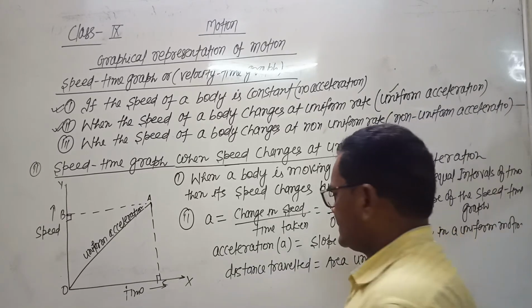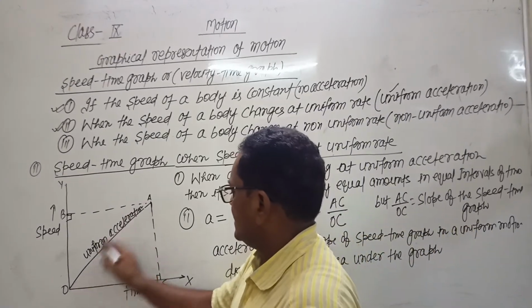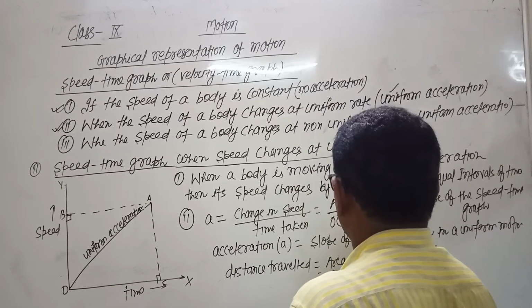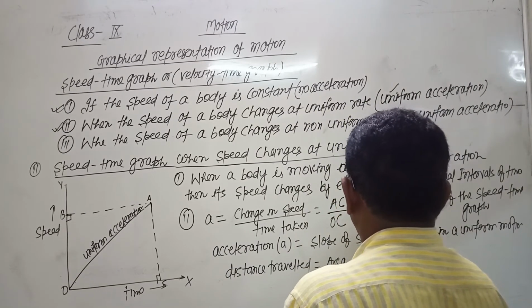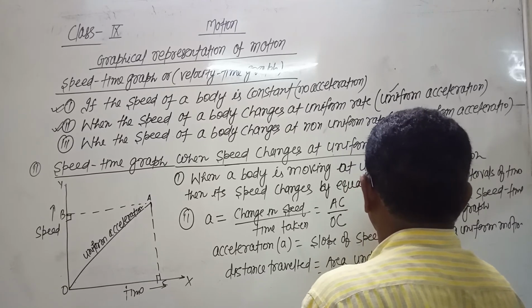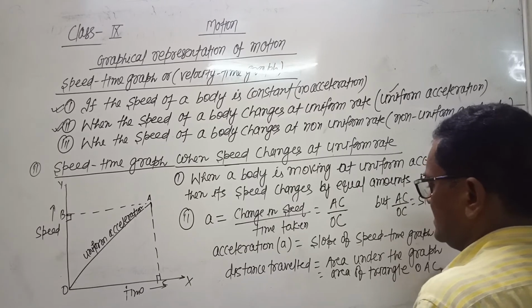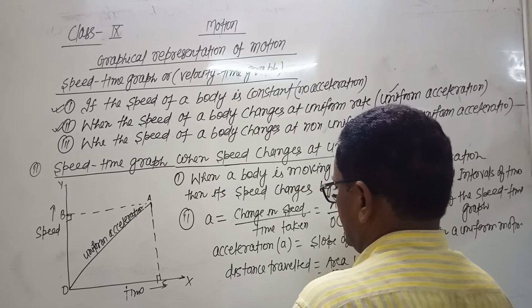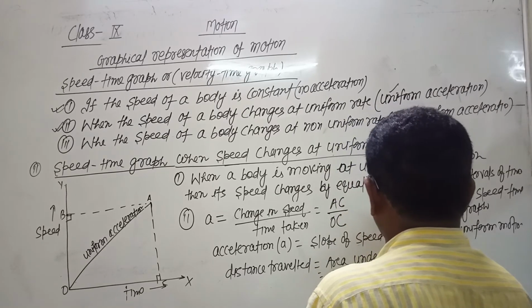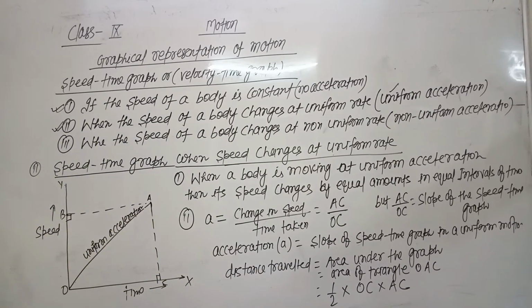And area under the graph means the area of triangle OAC, and the area of a triangle is calculated by half into OC into AC, half into base into height.